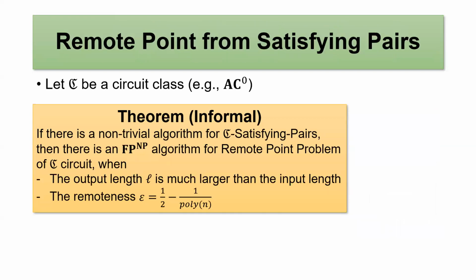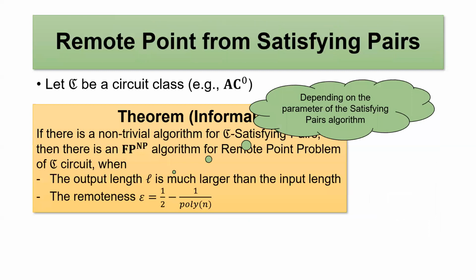We also showed that a non-trivial satisfying pairs algorithm for circuit class C implies an FP^NP algorithm for C remote point. The output length of the circuit is required to be much larger than the input length here, due to the parameters of the satisfying pairs algorithm we have.